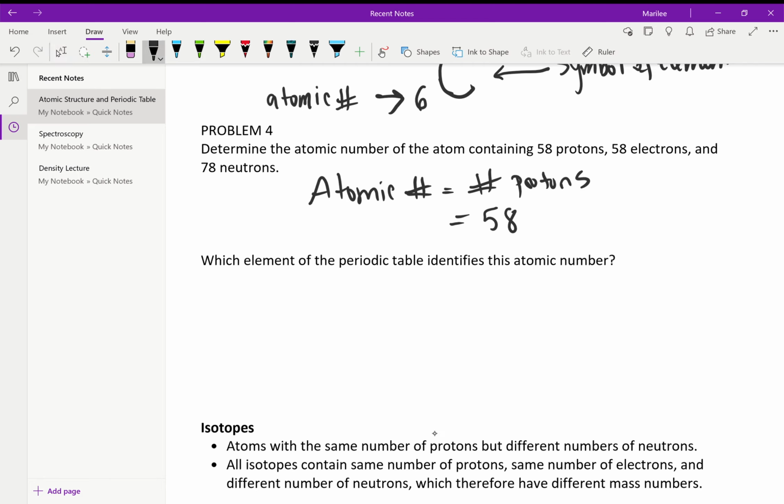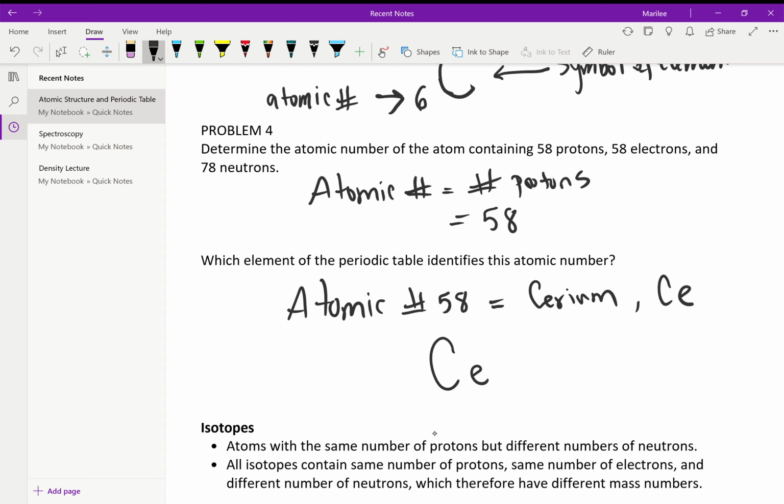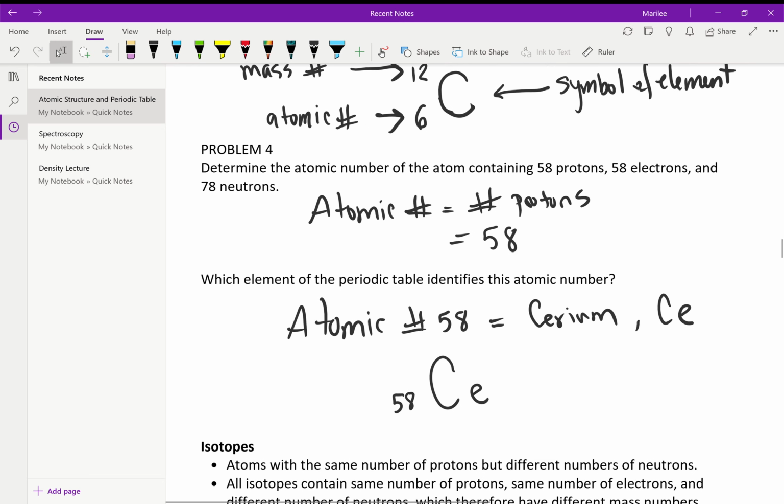Okay, so atomic number 58 is which one? Atomic number 58 is cerium. The symbol is Ce. So if we write this, Ce has an atomic number of 58, and the mass number is 136.